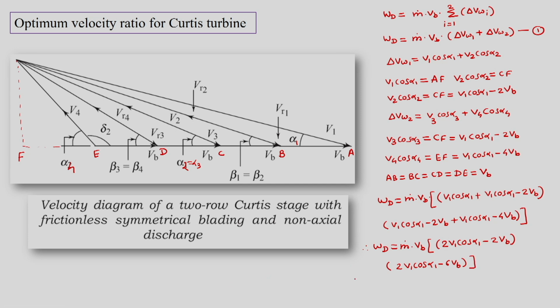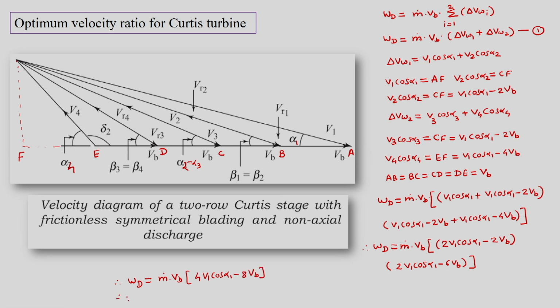So we will have Wd equal to m dot into Vb into (4 V1 cos alpha 1 minus 8 Vb).